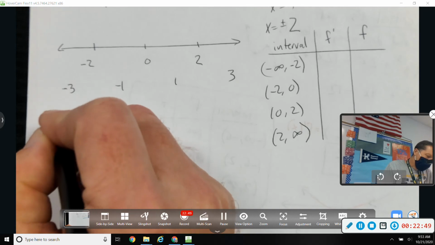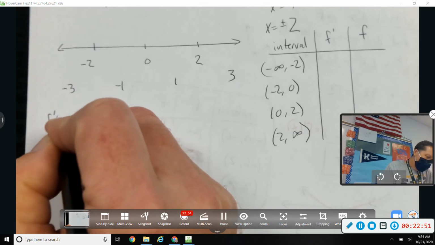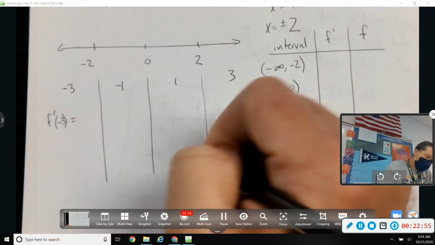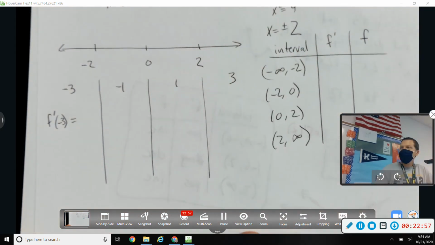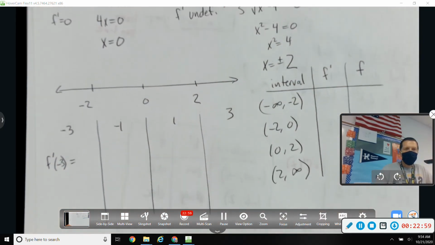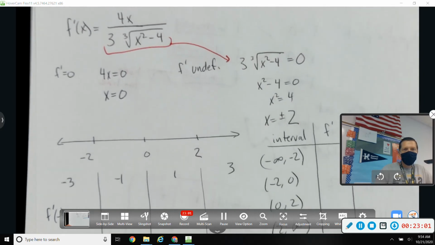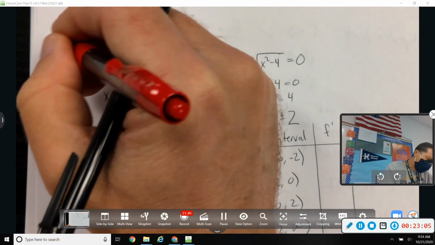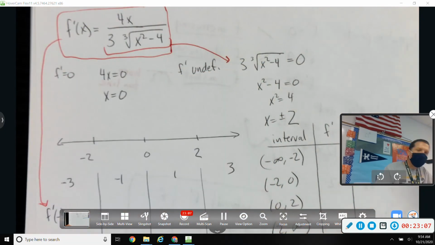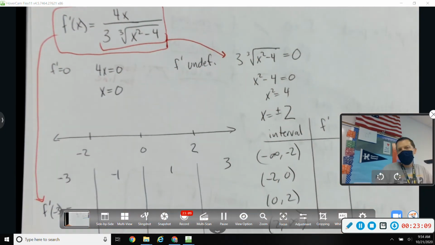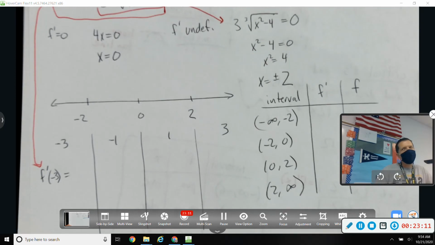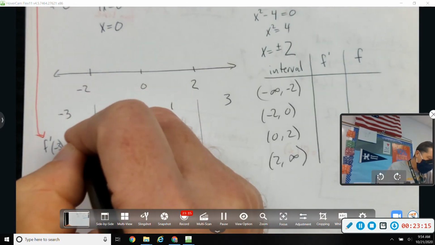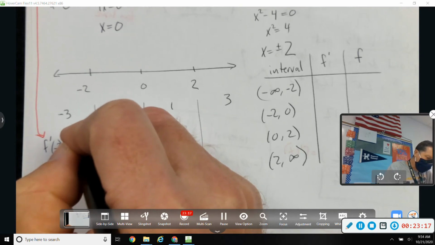Right, so f prime. Keep my work straight here. F prime, where did my f prime go? Way up there. So there's what I'm testing in. Looks terrible maybe, but I'm only concerned with positives and negatives. So I'm not real worried about the exact values of this.